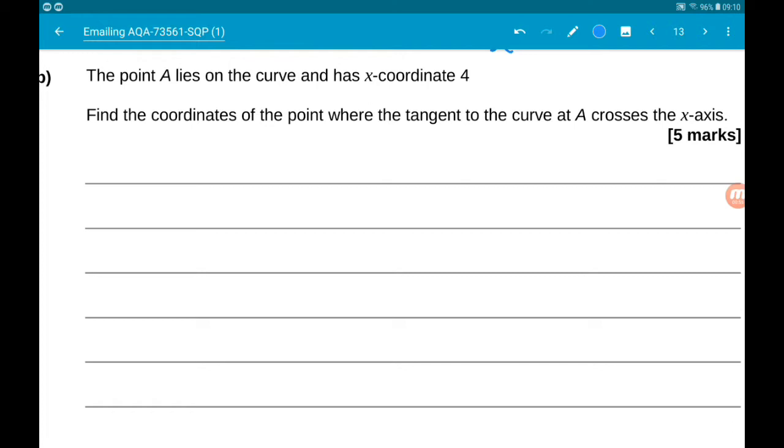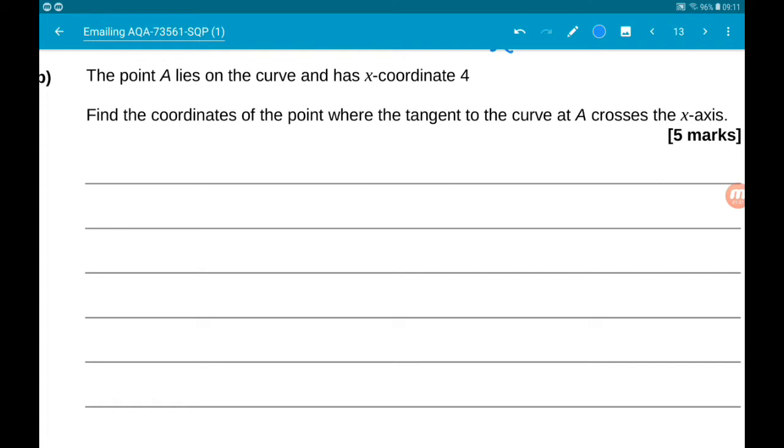So we're going to need 2 things to be able to find the equation of our tangent. We are going to need the gradient of the curve at point A, and we are also going to need the y coordinate at A. So let's first of all find the y coordinate. We do that by substituting x equals 4 into the original equation, which was 6x root x add 32 over x.